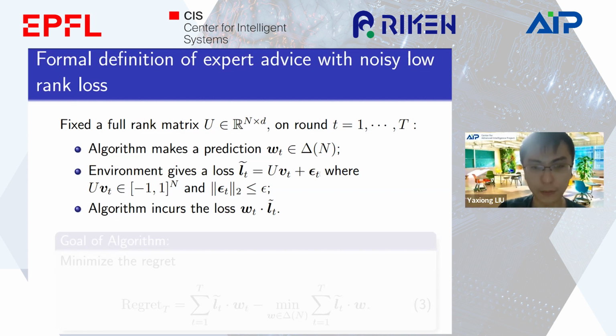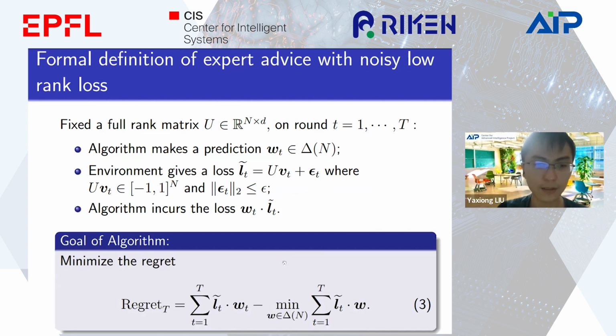The algorithm only receives l_t, so it has no information about U or epsilon_t, but it knows the upper bound of the L2 norm of the noise. Then the algorithm incurs a loss given by the inner product of l_t and its prediction w_t, and the regret is also defined with respect to the noisy loss vectors l_t.